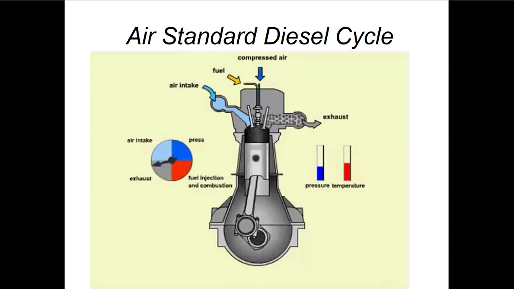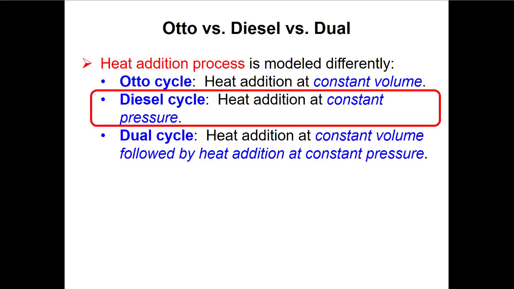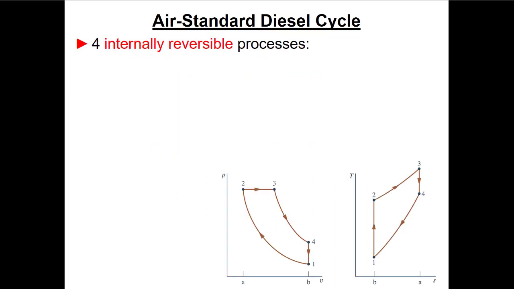Today, we're going to move on from the Otto cycle and talk about diesel cycles. In these diesel cycles, we typically have compression ignition instead of spark ignition like we see in the Otto cycle. So the difference between the Otto cycle and the diesel cycle is that in the diesel cycle, the assumption we make when we're adding heat is that it happens at constant pressure.